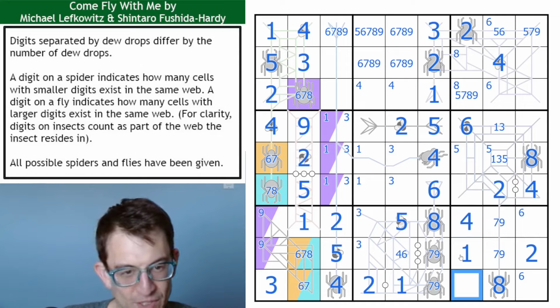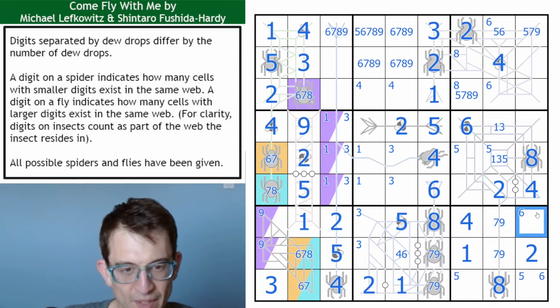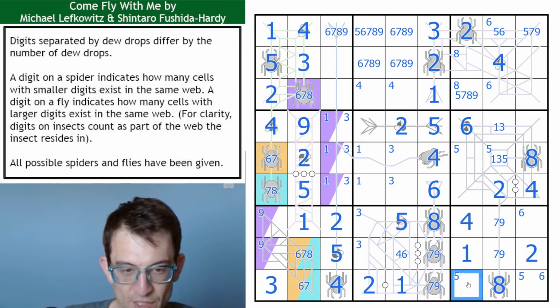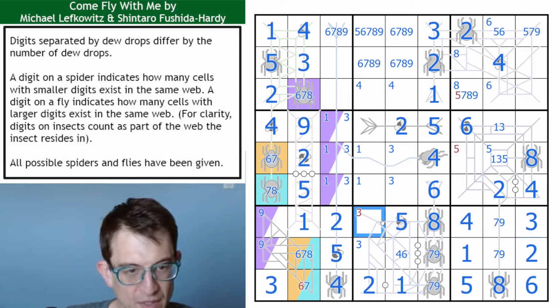Do I know? These are, I need a 5 somewhere still. 5, 6, 7, 9. Okay. Oh, 7, 9 is here. So this is a 5, 6 pair in the row, and this is a 3. 3, 4, 6 pair.